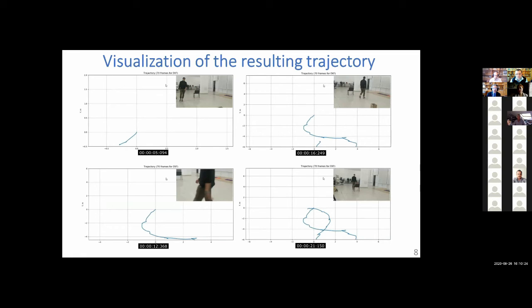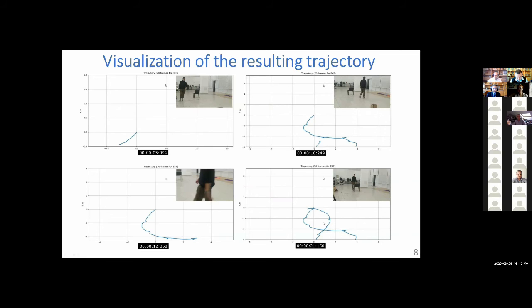And here are some results of the experiments. The first picture is where our student begins his motion. Then he proceeds with his motion at the second time moment, at the third time moment, and so on.